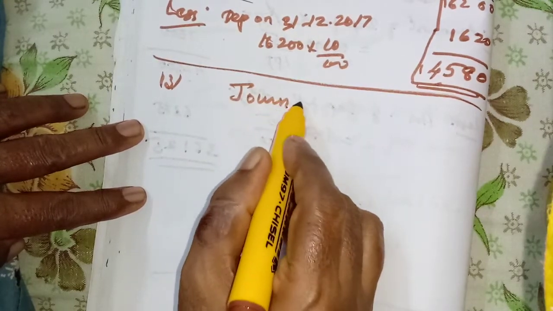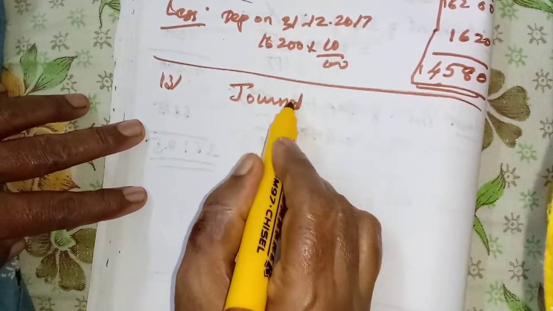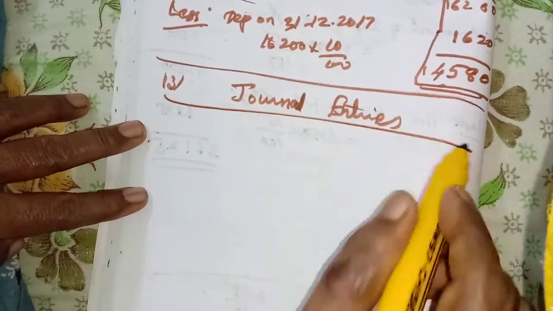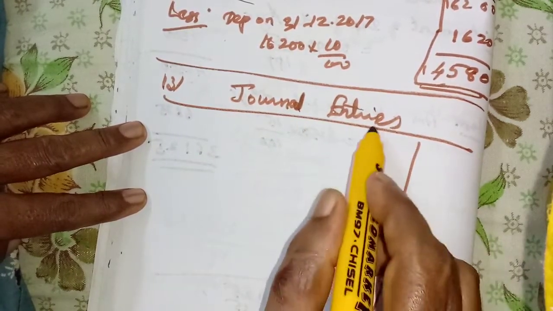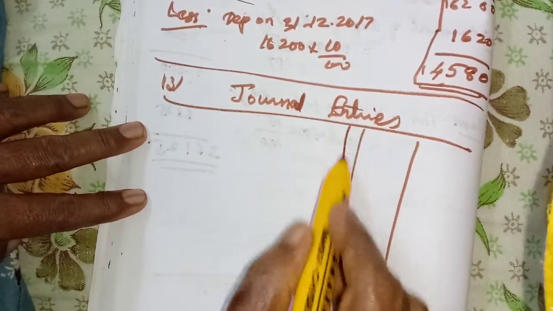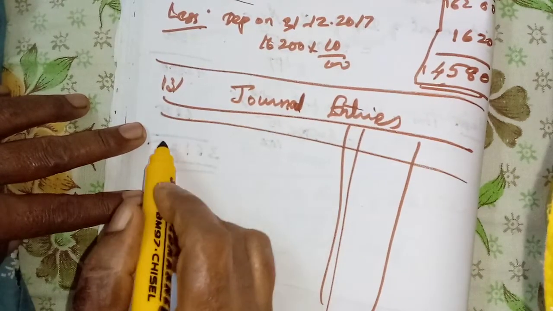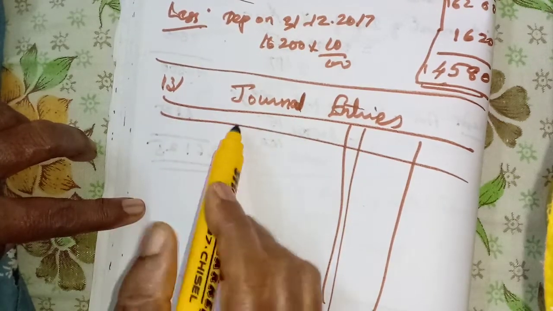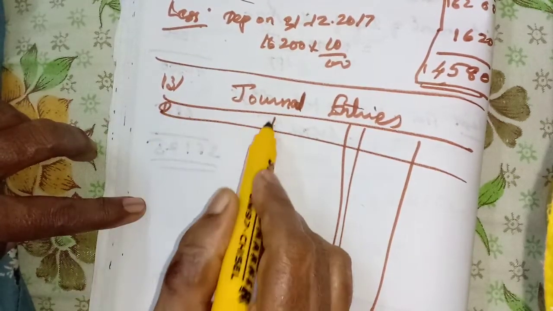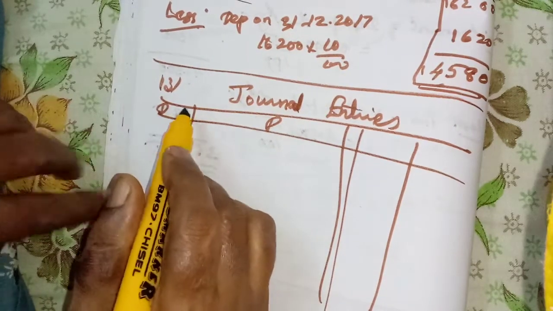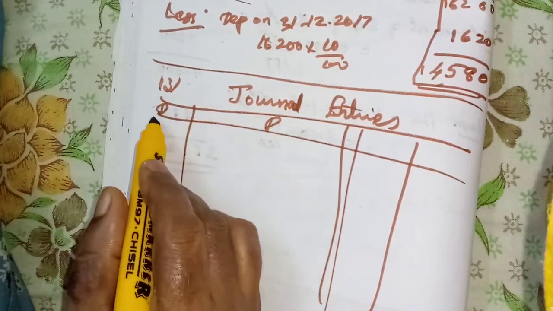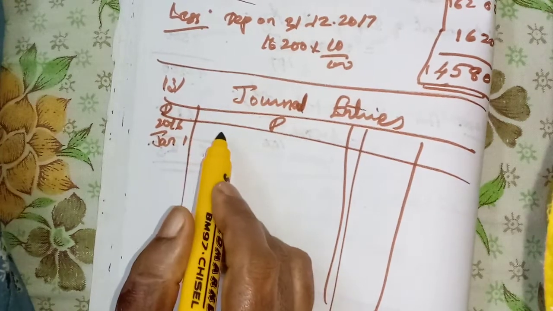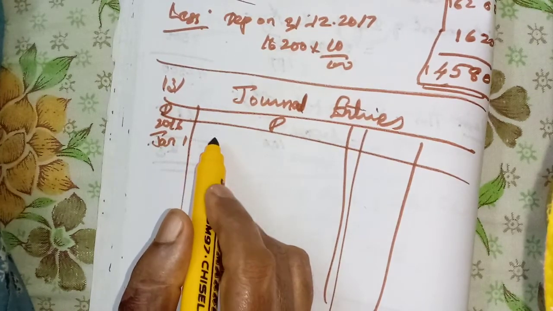For how many years? 2 years. Journal entries. Yeah, the date, particulars. Okay. When we purchase on 1/1/2016, January 1, what is the entry for purchasing?